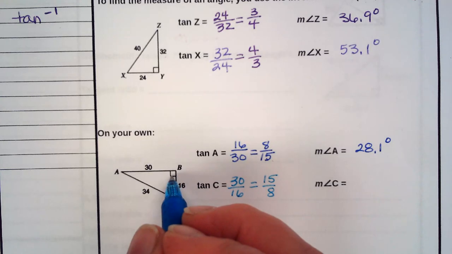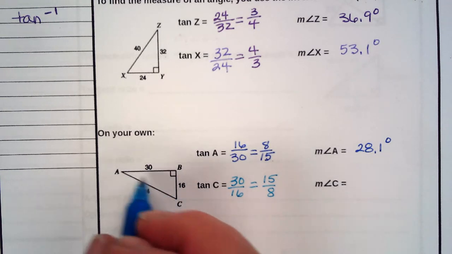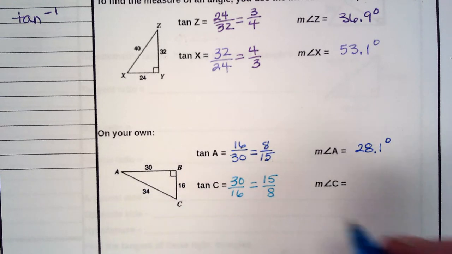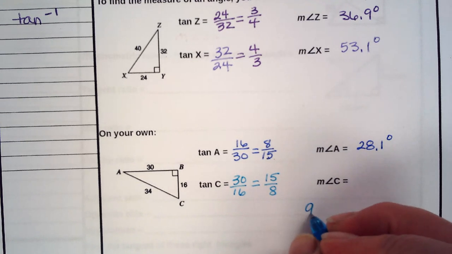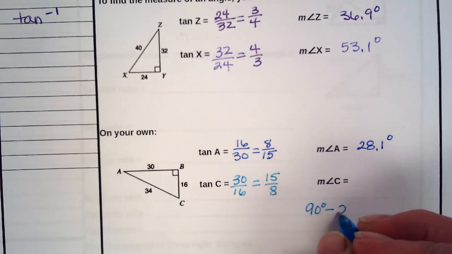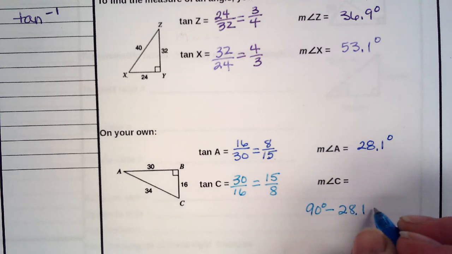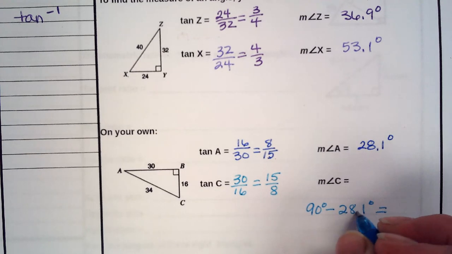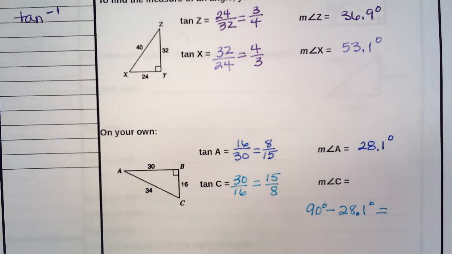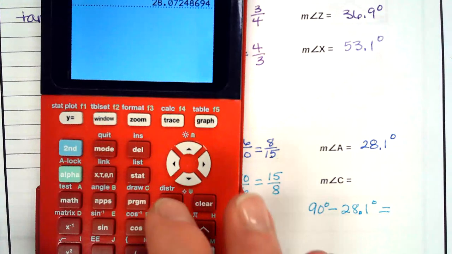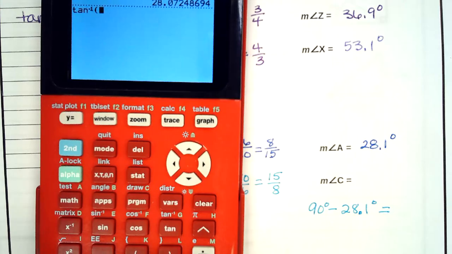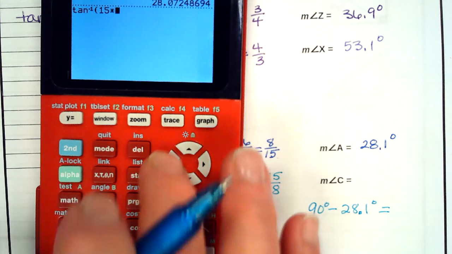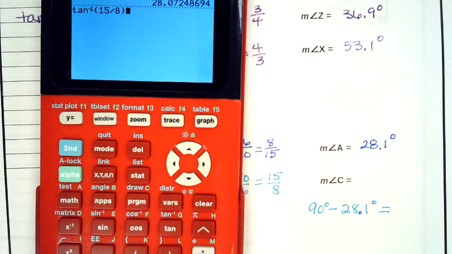If this one's 90, these two have to be 90 also to make 180. So I could take 90 degrees minus 28.1 degrees, or I can still do the second tan, and then it would be 15 divided by 8, and it would be 61.9.